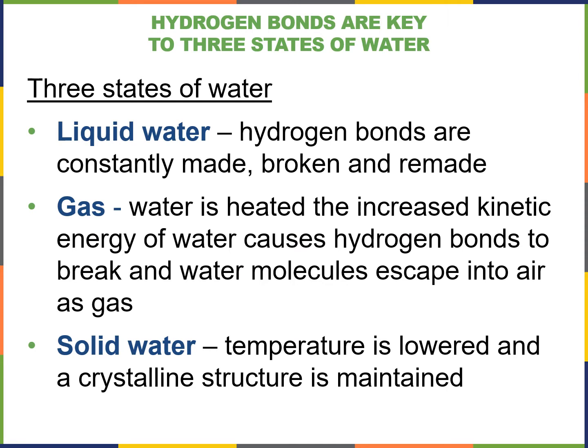So, the state of water, how fast it's moving, how fast the molecules are vibrating, not moving as in a stream or a river, but just vibrating, will determine what state that water is in. Liquid water, like you have in your water bottle that flows out of your faucet.